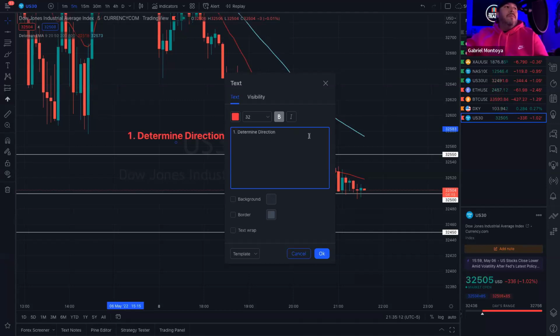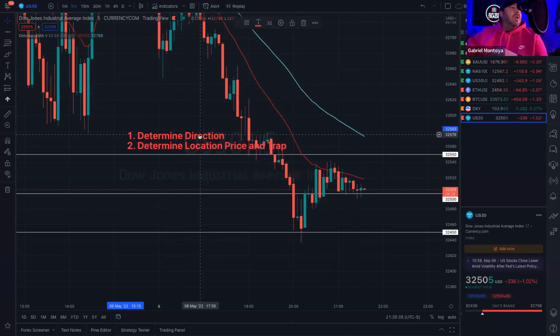So determine direction, and then determine location of price and trap. So again, determine direction, determine location, and trap.